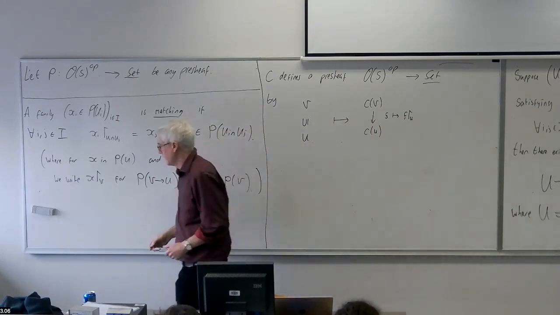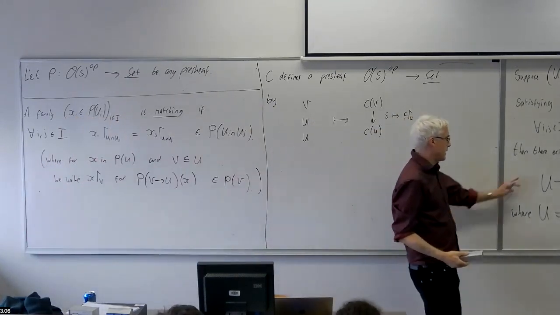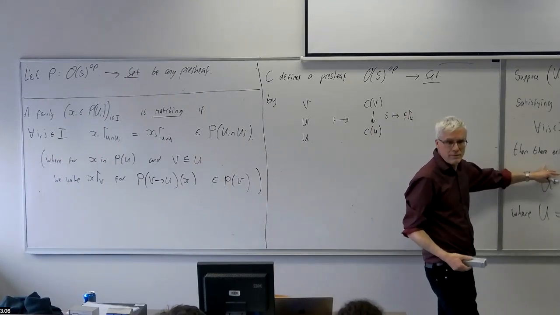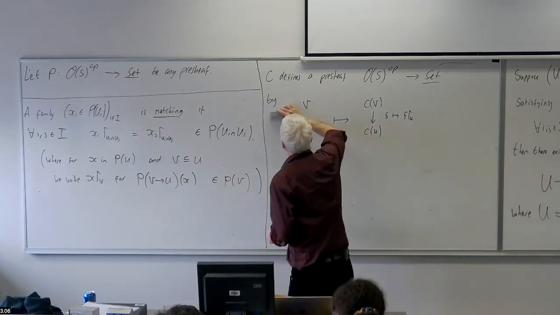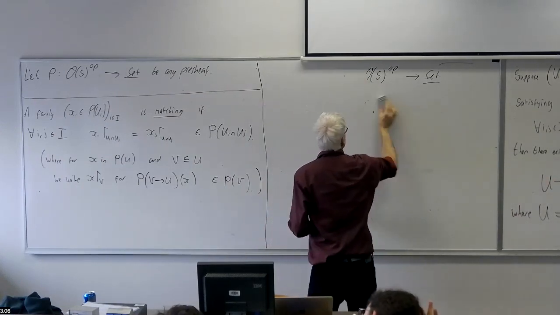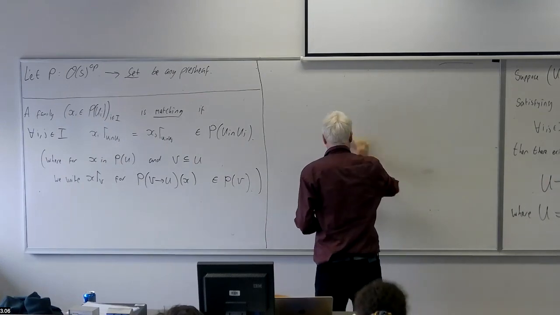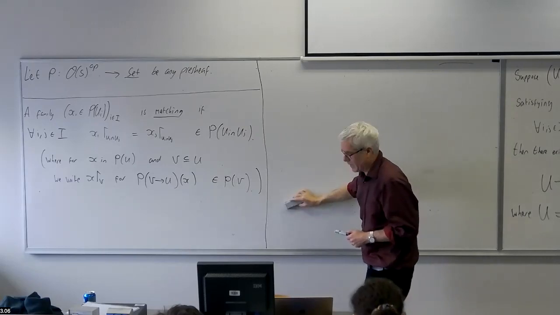and we want to say that every matching family can be glued together in a unique way. So every matching family has a unique amalgamation. We can say what the amalgamation of a family is, and then the sheaf property is simply going to be that every matching family has a unique amalgamation.